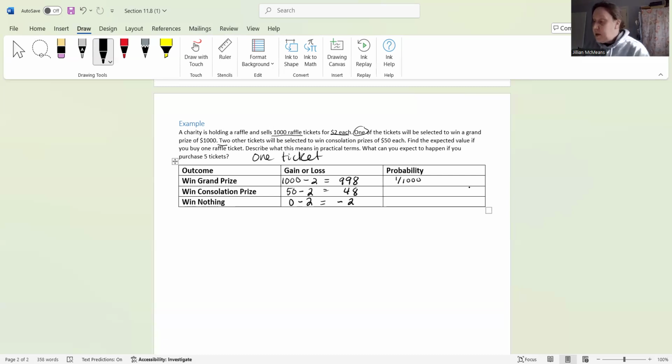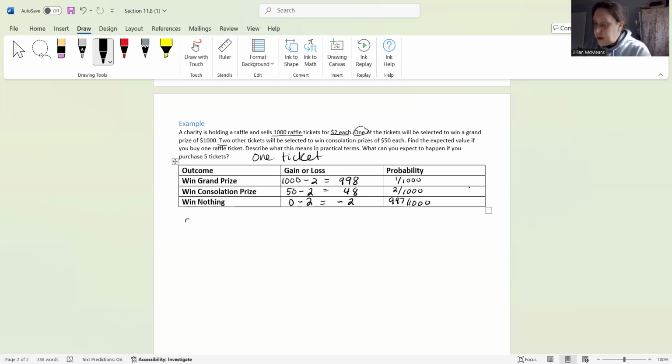So that means the probability is 2 out of 1,000. Now all of the remaining tickets win nothing. So of the 1,000 tickets, 3 of them have potential winnings. The other 997 tickets have no winning associated with them. So the probability of just winning nothing or flat out losing would be 997 out of 1,000.